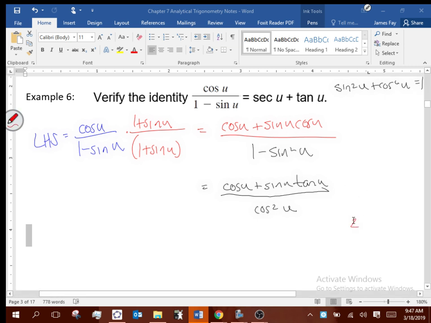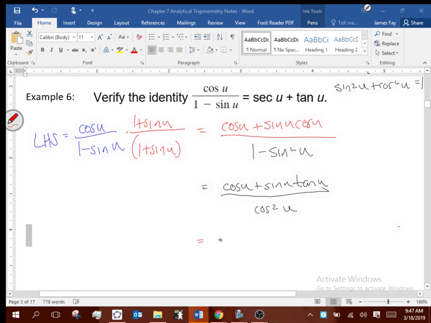Here's something. If I had like 2 plus 3 times 4 all over 6, 6 is considered a common denominator for that sum, right? Can I pull it apart and write it as 2 over 6 plus 3 times 4 over 6? All right, so that's usually what happens a lot of times in these identities, is that we work backwards with our common denominators.